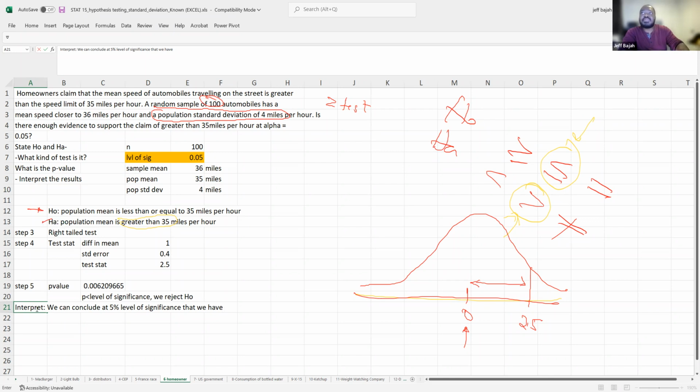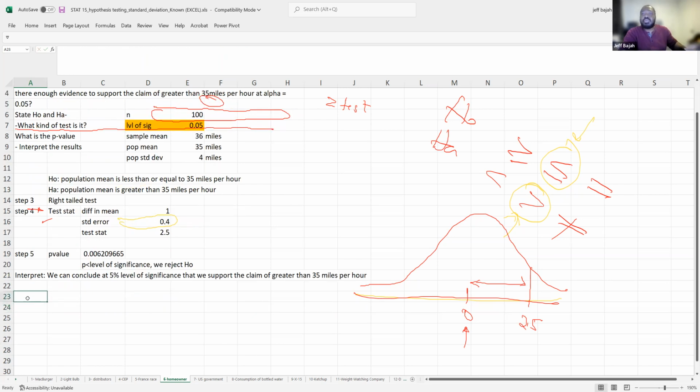So we conclude that we have some evidence to support the claim of greater than 35 miles per hour. All right. And this is kind of easy because you can actually see it in here, right? You can see it there. So we're just writing what they've said there.